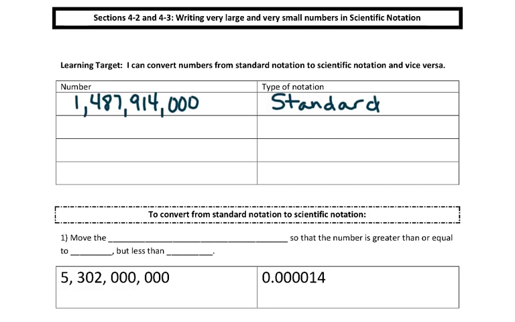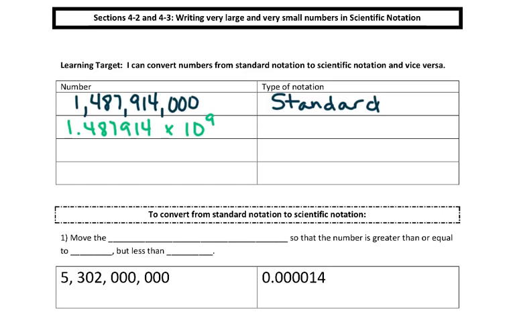Now I'm going to take that exact same number and I'm going to write it in scientific notation. You'll learn how to do this in just a moment. But in scientific notation, that number would be 1.487914 times 10 to the 9th power.